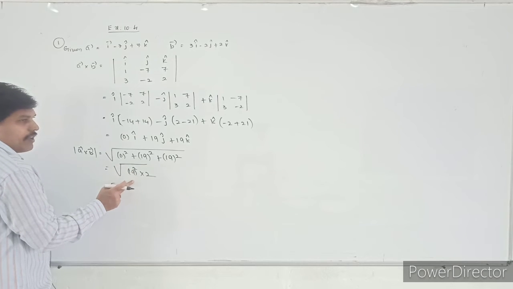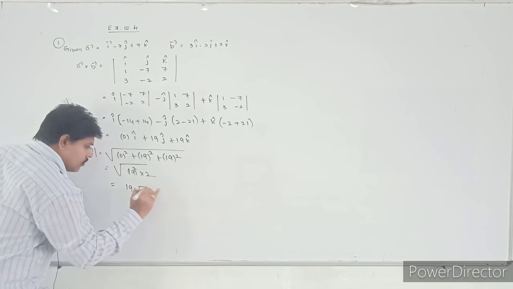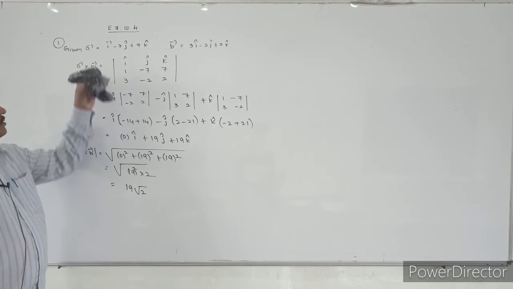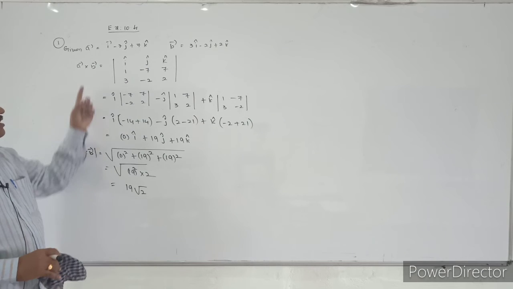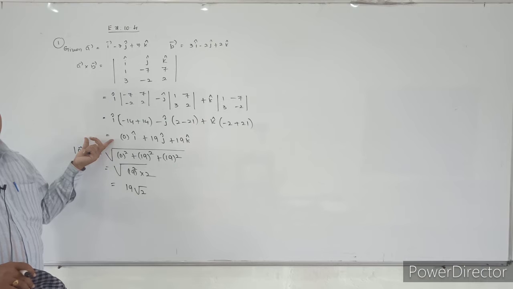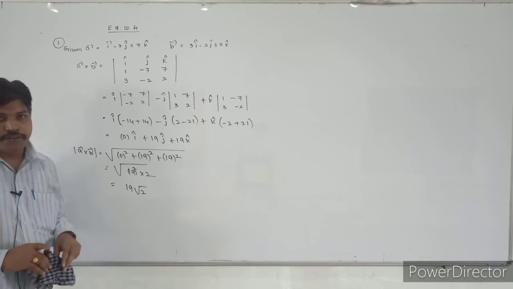The square and the root cancel for the 19, so you can take it out. It becomes 19 root 2. Since they are asking for the magnitude of A bar cross B bar, first calculate A bar cross B bar, then apply the magnitude. Okay.